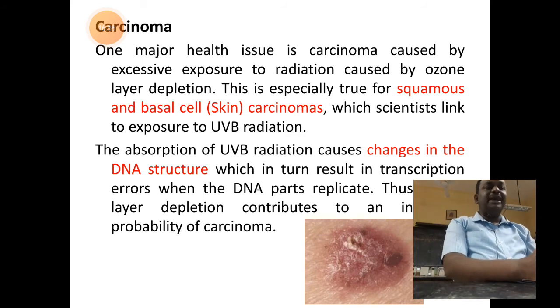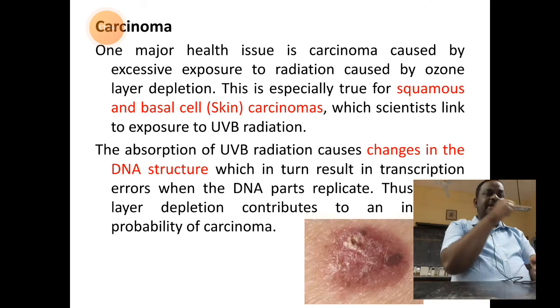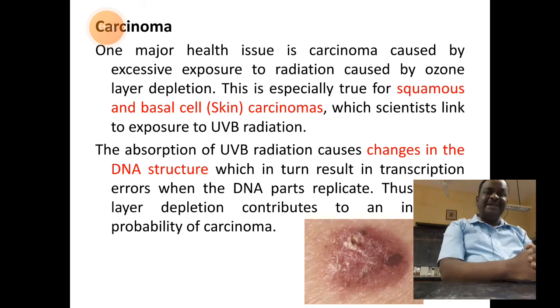Carcinoma is another major health issue upon the exposure to UV rays due to the O3 layer depletion. Carcinoma is a type of skin cancer related to squamous epithelial cells and basal cells of the skin.